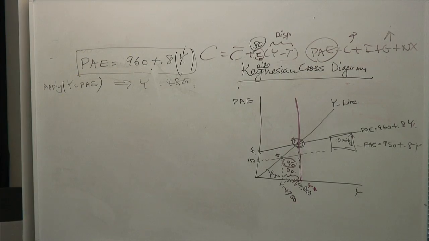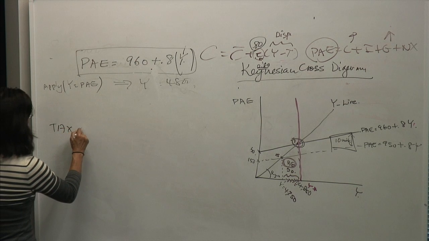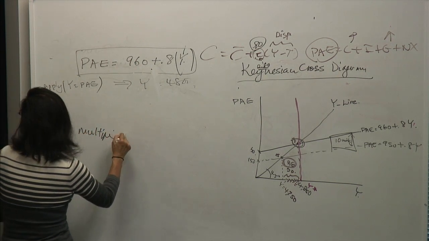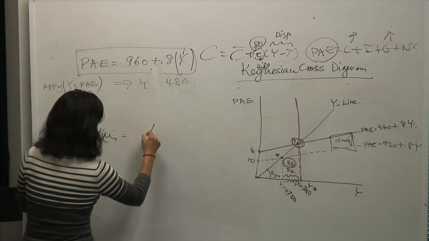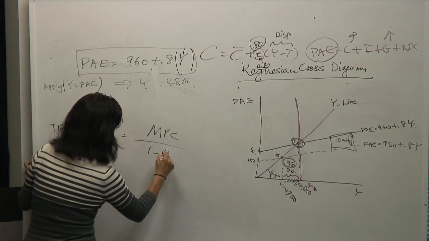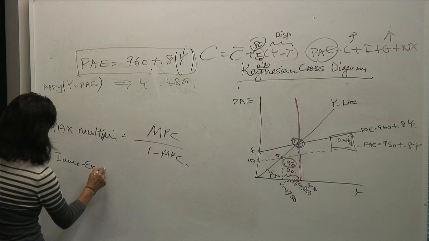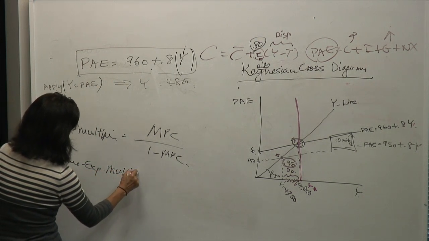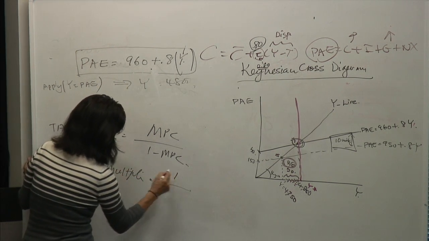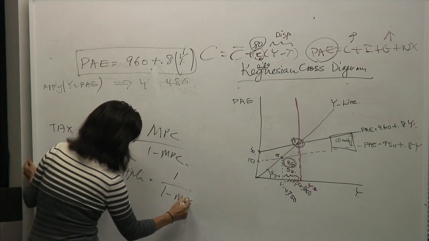You see the difference there? The tax multiplier is MPC divided by 1 minus MPC, whereas the income expenditure multiplier is what we calculated with 1 divided by 1 minus MPC.